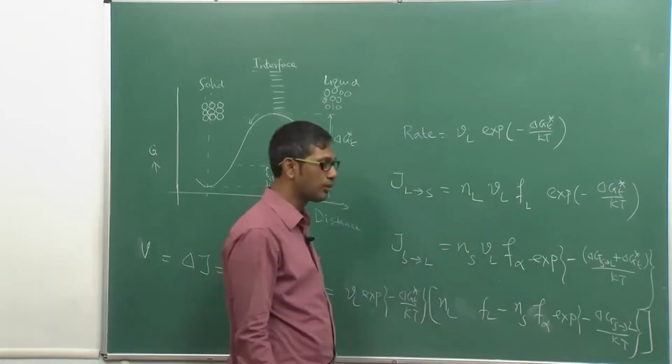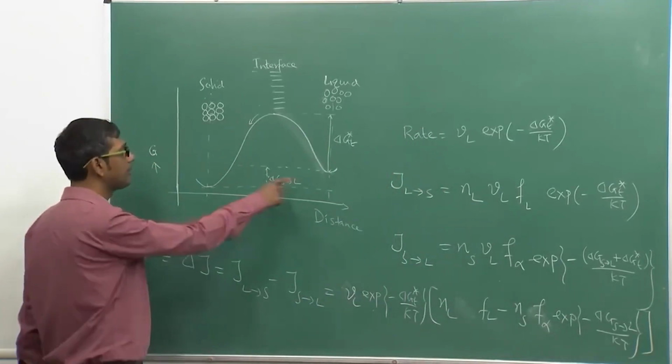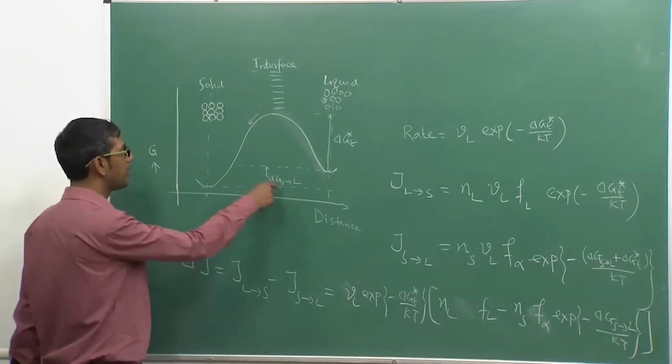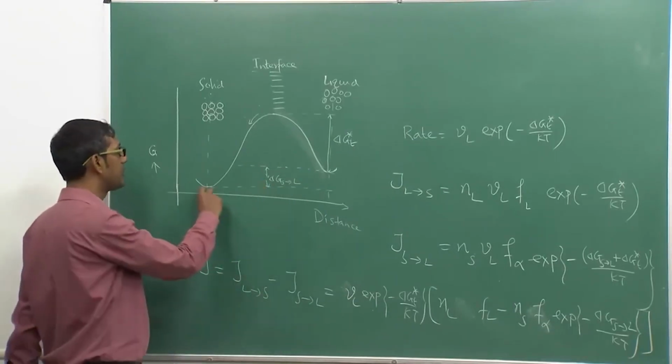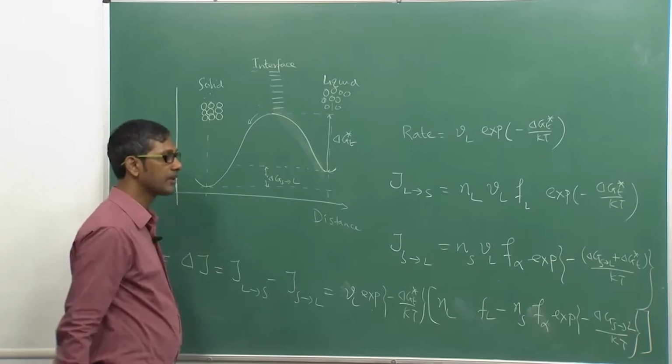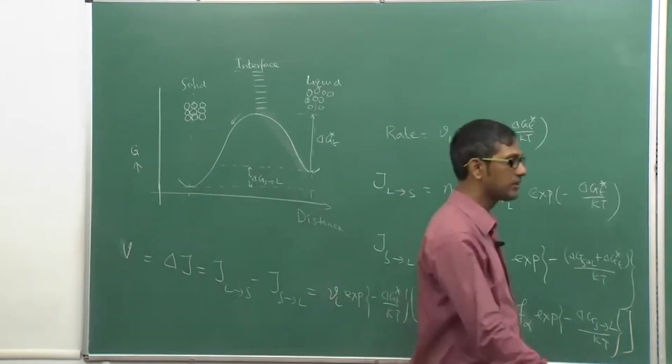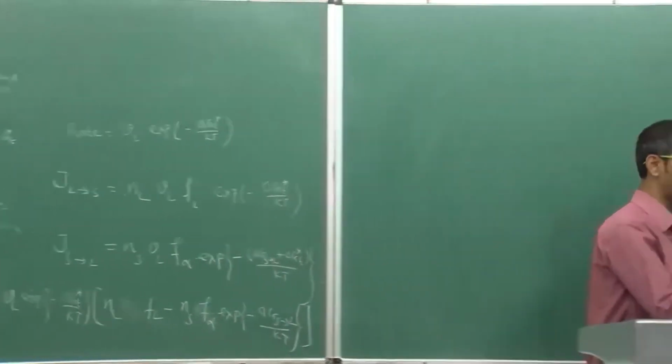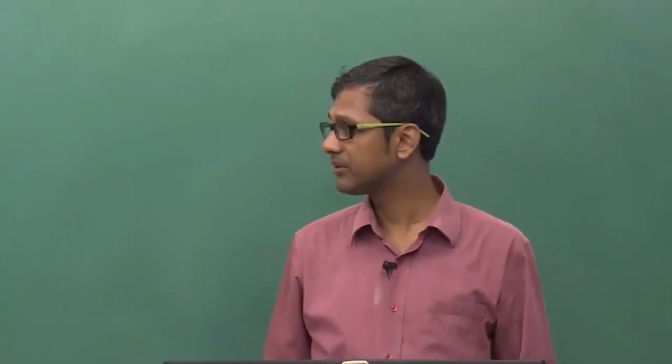And on the solid to liquid side we also have an exponential term related to this part, that is the difference of energies between solid and liquid. Well, we will keep this equation intact and discuss further, because it requires some more discussion, we will do that.